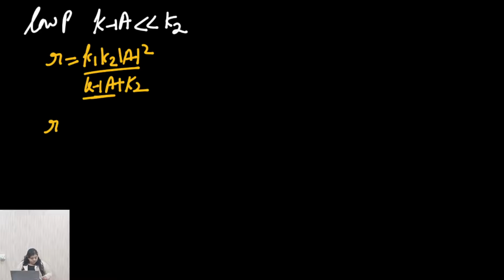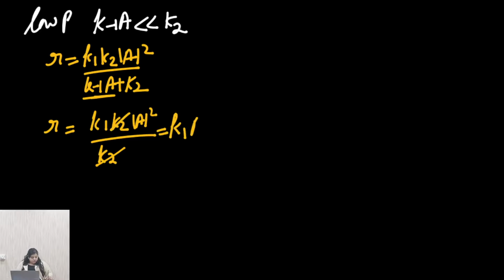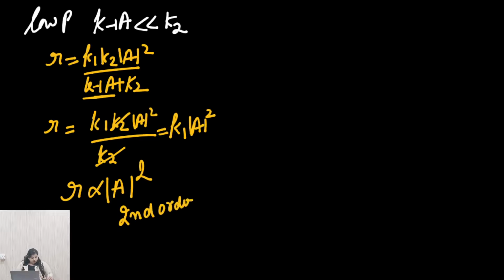So the rate becomes K1 into K2 into A square upon K2, and this K2 will get cancelled out. You get K1 into A square. That means rate is proportional to the concentration of A raised to the power of 2, which means it is following second order kinetics, right? So at low pressure, second order kinetics is there.